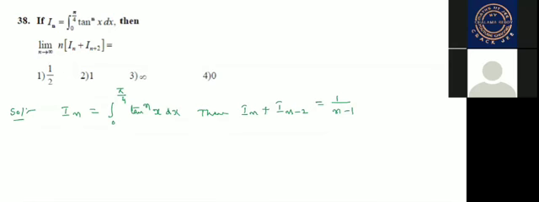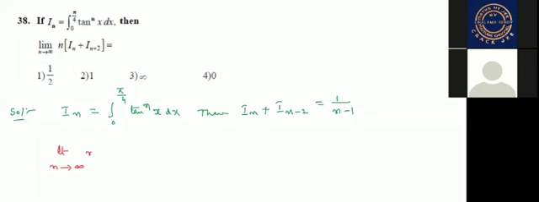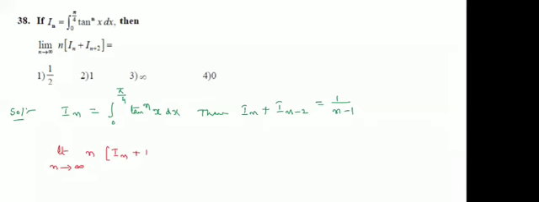But see what they are asking: limit n tends to infinity, n into I_n plus 2. That is, limit n tends to infinity, n divided by I_(n+2). Here I_(n+2) is the problem. Wait.